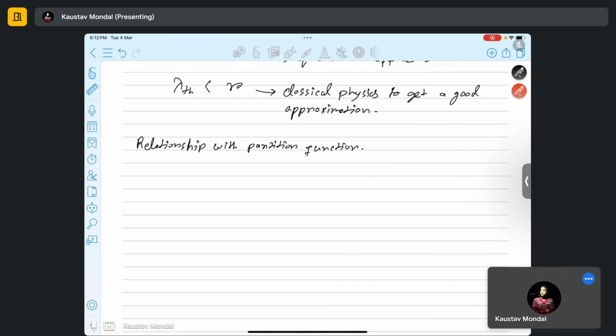If Z trans is the translational partition function of a single particle system in a cubic volume V, then Z trans would be V by lambda thermal cube.